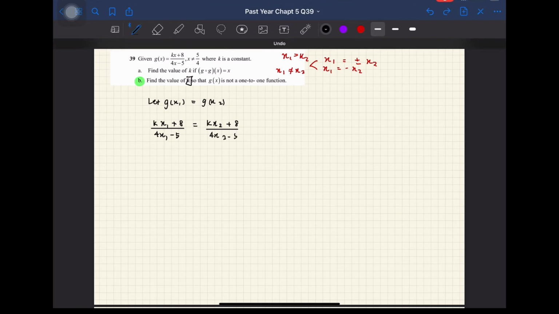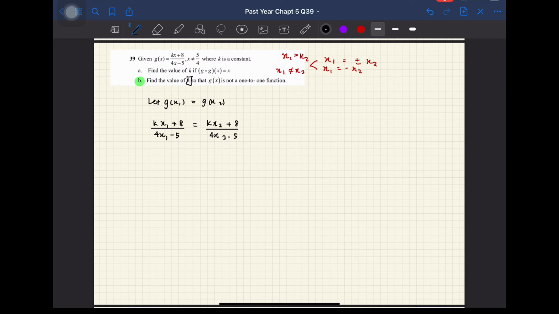Macam ni. Okay, so sekarang kita akan bawa denominator. Okay, denominator ni naik ke atas, yang ini pergi ke sebelah sana. Okay, so tukar. Alright, so kita akan darabkan dia.